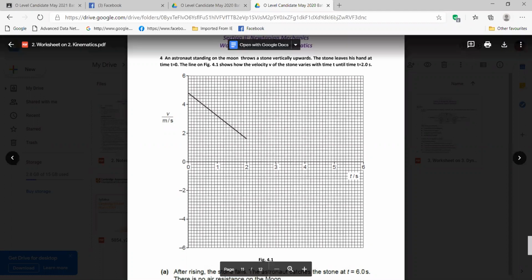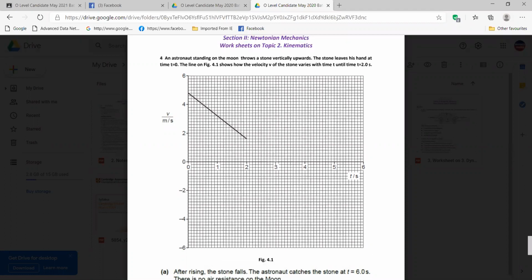After 3 seconds, you know one thing: the time it requires to reach maximum height from the throwing point, it will return back in the same time, to the same place.